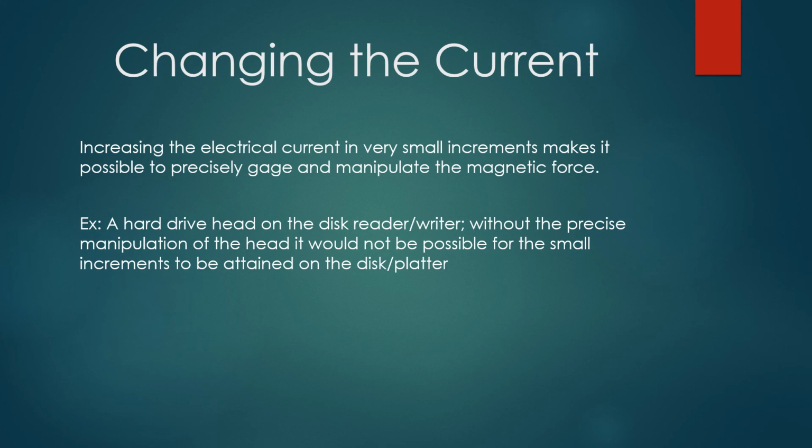Changing the current. Increasing the electrical current in very small increments makes it possible to precisely gauge and manipulate the magnetic force. Example given: a hard drive head on a disk reader or writer. Without the precise manipulation of the head, it would not be possible for the small increments to be attained on the disk platter.